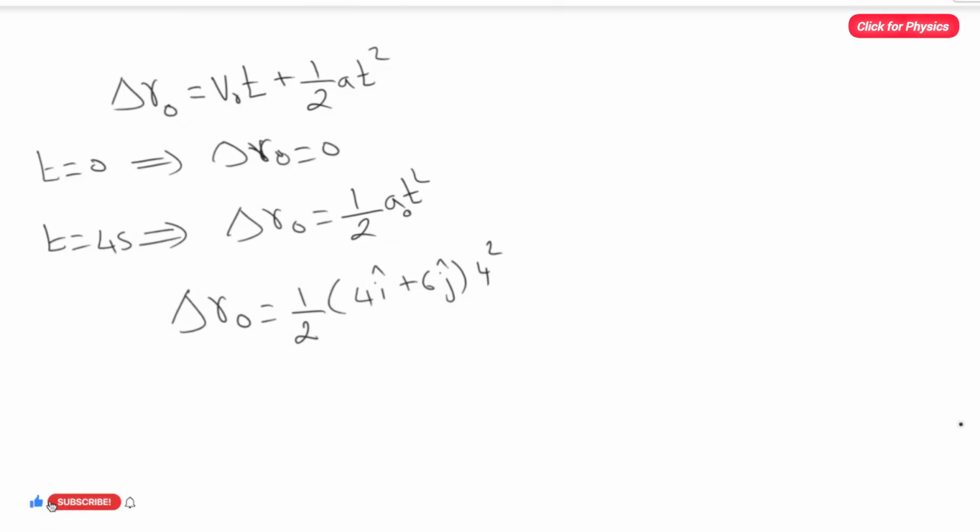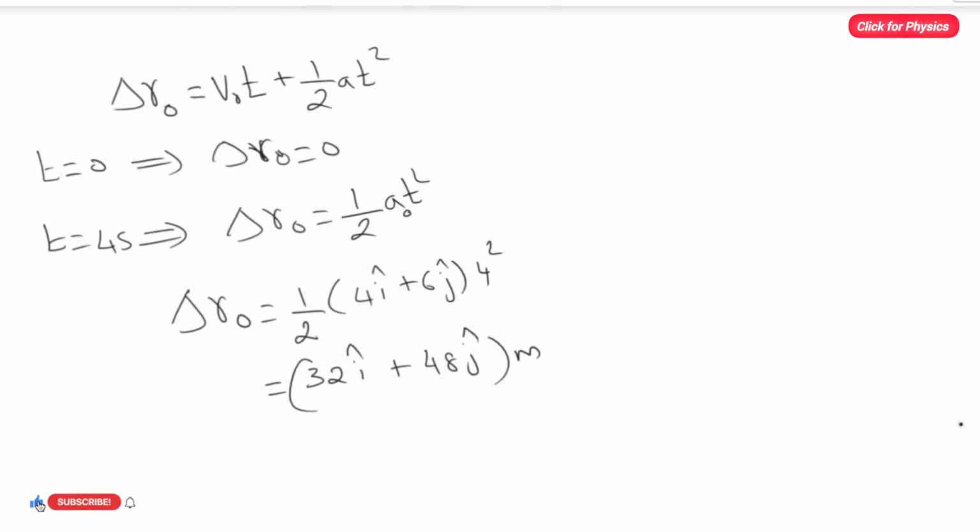When you simplify this, because 4 square is 16, 16 multiplied by 4, and then you divide by 2, you will get 32 i cap plus 48 j cap, and its unit here is meter, because we found the displacement, right?